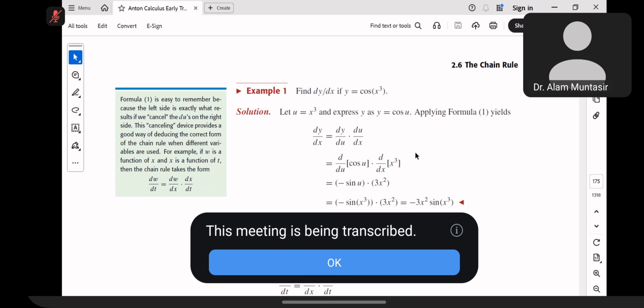You can apply substitution, that means u equals x cube. Then y becomes y equals cos u. Now y has become a function of u and u is a function of x.